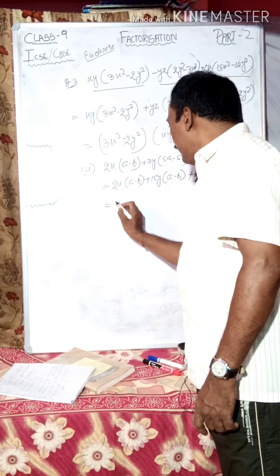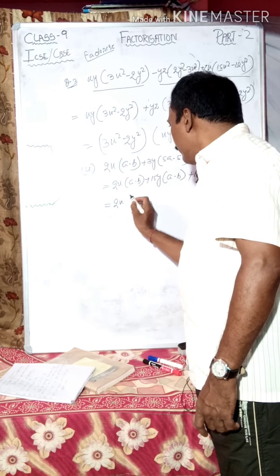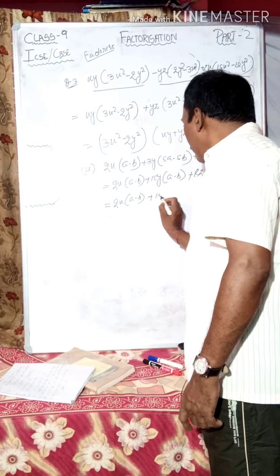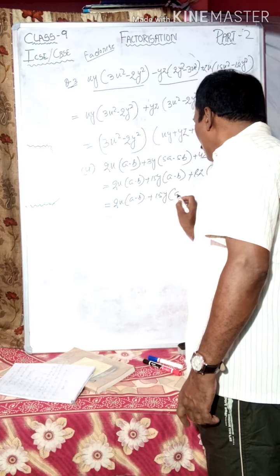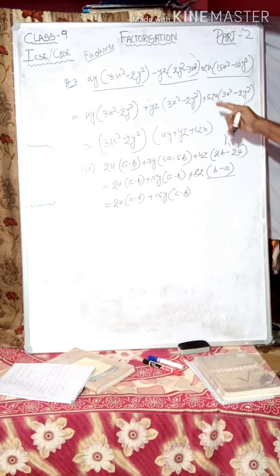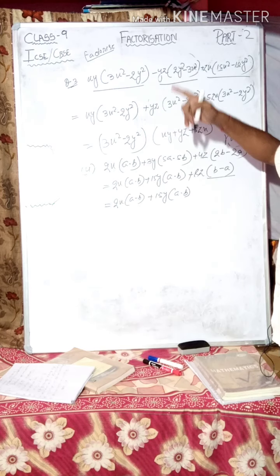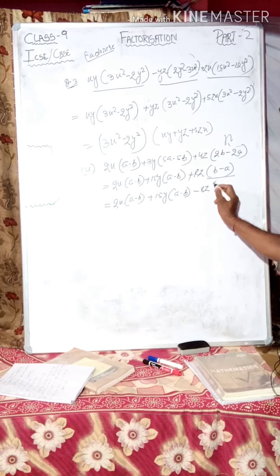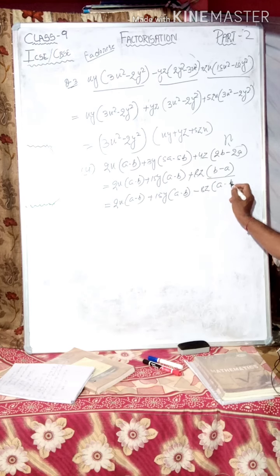Now look at the next step, 2x whole into a minus b plus 15y whole into a minus b. As the sign of b minus a changes, plus changes into minus 8z, and this will be changed into a minus b.